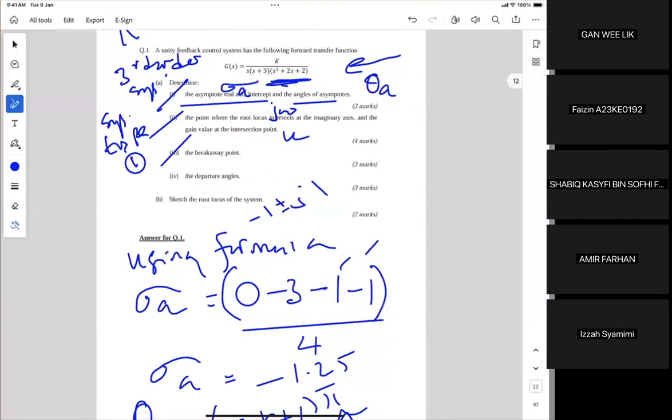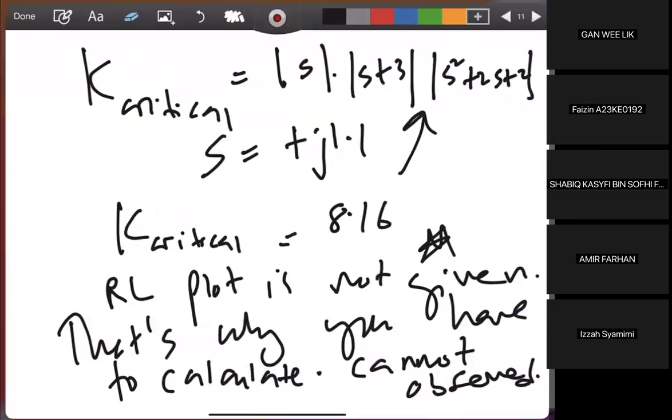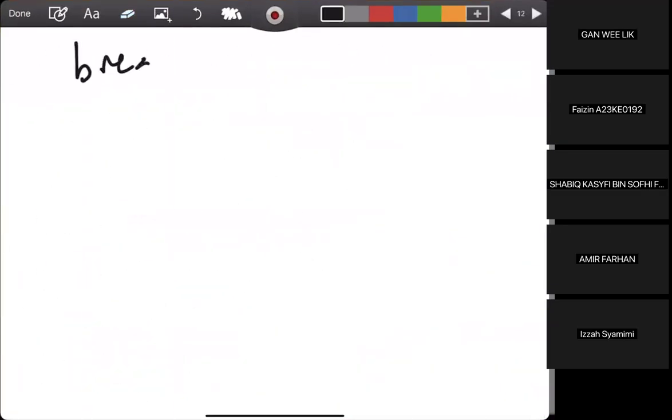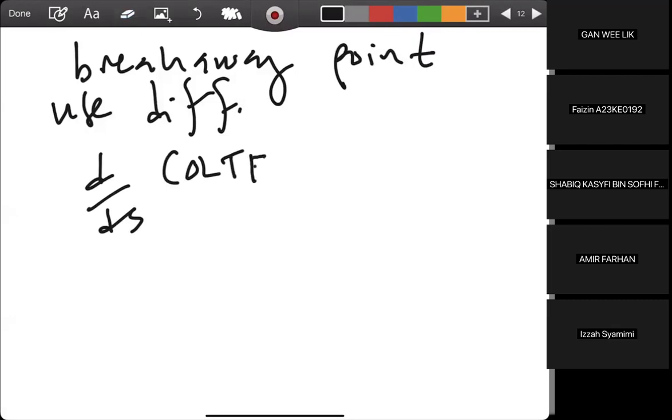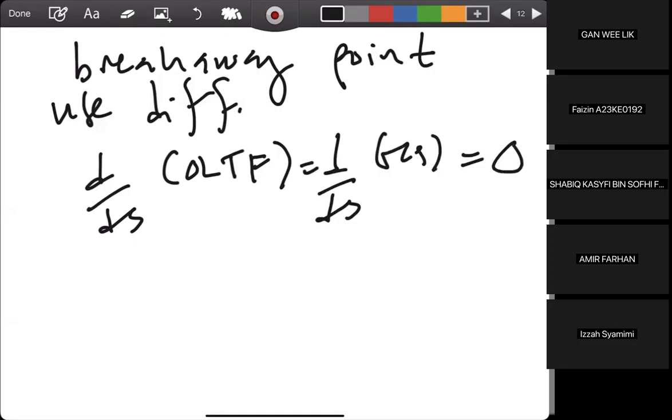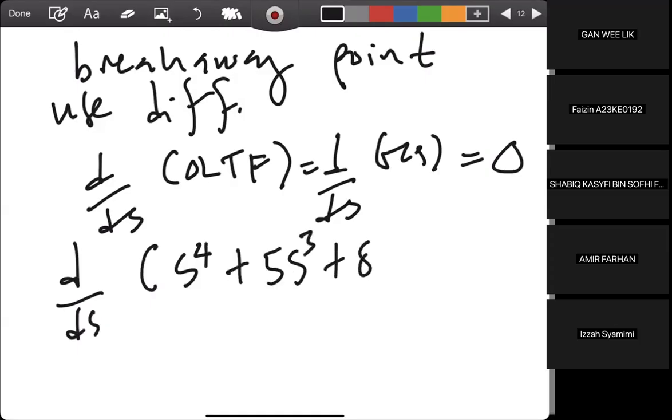Next is the breakaway point. Also, the breakaway point we have to calculate. Okay. Breakaway point by using differentiation. Okay. d/ds of the open loop transfer function, which is d/ds G(s) equal to 0. So you calculate, equal to 0.